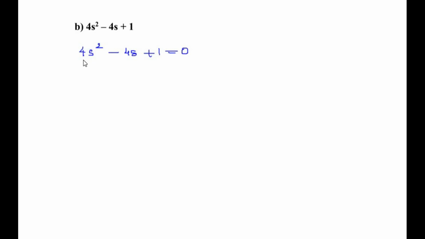Again we are going to multiply the first coefficient with the last coefficient, that is 4 times 1 gives us 4, and now we find the factors of 4. So we have 2 times 2 as one of the factors, and 4 times 1 as the second factor. This confirms the product, so we are getting the product as 4.